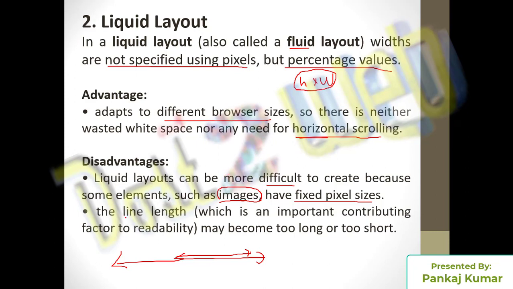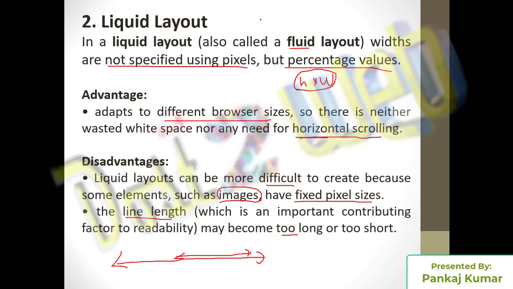The second thing is the line length, an important contributing factor to readability, which may become too long or too short. When you are using a lot of text, sometimes you get too long a line or too short a line. How you adjust that in the layout is also important.